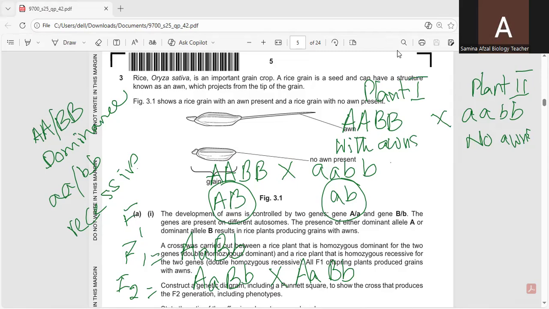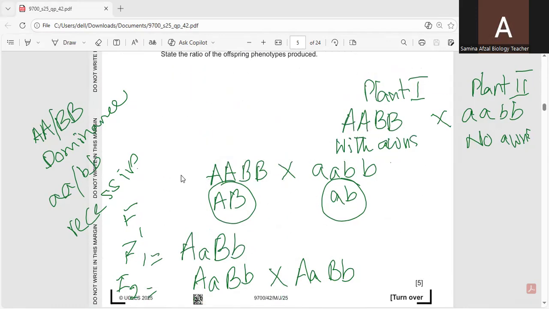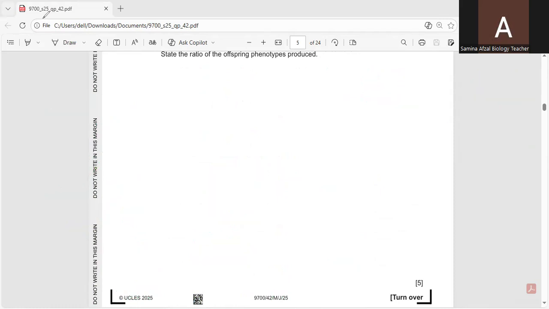Here we will make a Punnett square after making the gametes.